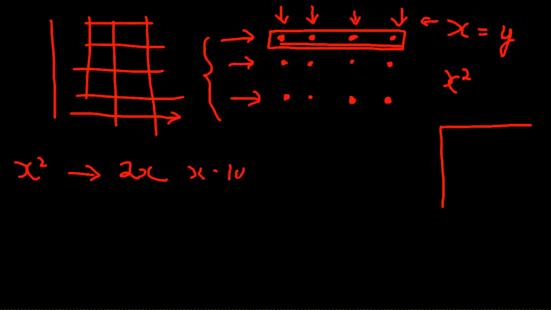I'm writing x over here and not y because, as I told you, x is equal to y really. The number of columns originally was equal to the number of rows. So now to find the number of seats in this new arrangement, we just multiply. It's like length into breadth. When you find a rectangle's area, you multiply the length and the breadth. Same way here we're multiplying rows into columns, so we get it like this.